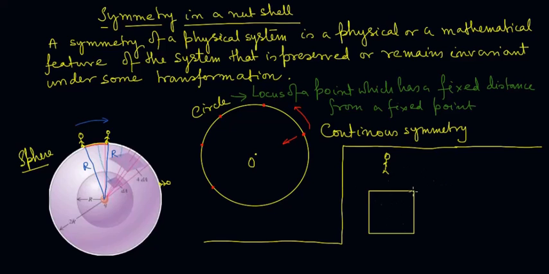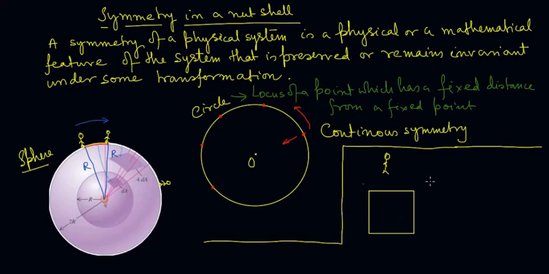Suppose in this position there are four charges located, Q, Q, Q, Q, plus Q. Suppose there are charges located, or even if there is no charge, it's also true. Let's leave the charge first. Suppose there is a square.